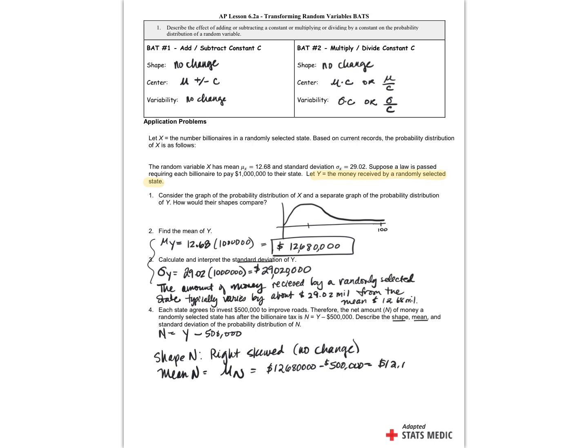So 12,180,000. What about the standard deviation of N? No change because we're just subtracting, okay? So the sigma of N is equal to the sigma of Y. No changes there, and that was 29.